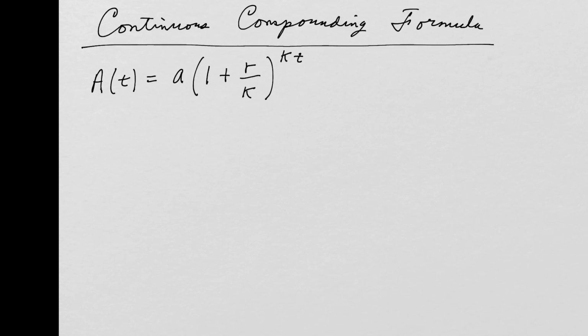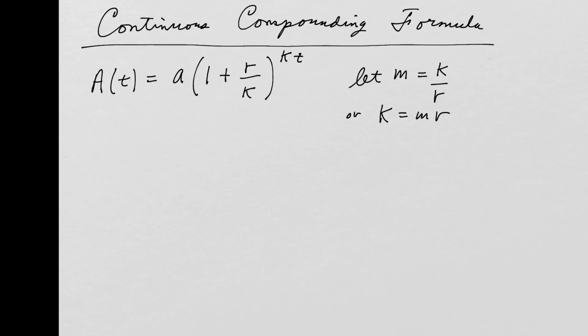But I'm going to make a substitution here. I'm going to let m equal k over r, or another way of saying that is k is equal to m times r. I can multiply both sides by r. All right, why am I doing this? You're going to see in a minute why this helps us out, because the 1 plus 1 over k to the k comes out nicely when we do it this way.